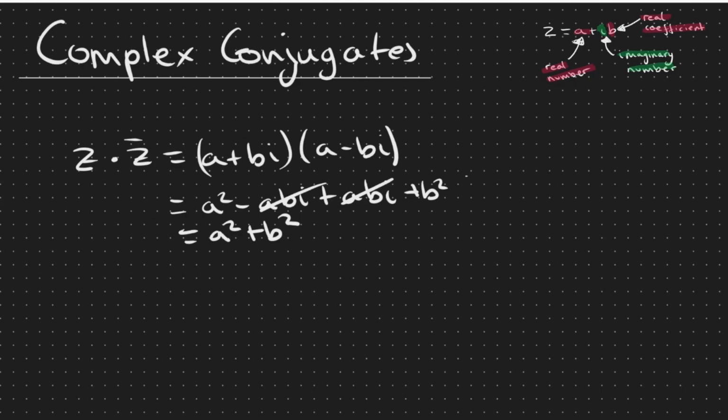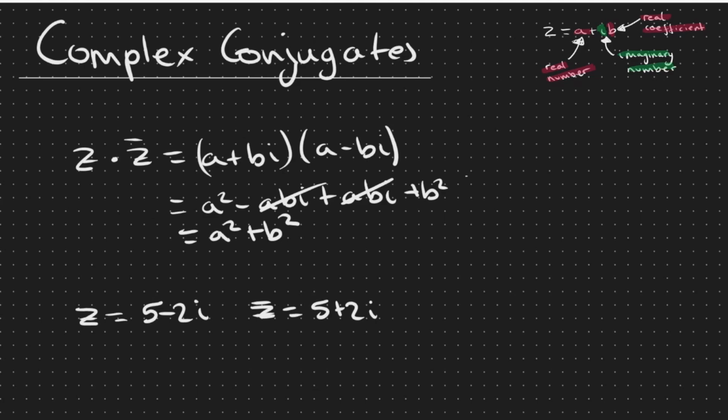For example, take z is equal to 5 minus 2i. Its conjugate is equal to 5 plus 2i. If you were to multiply them, please try it, and I'm going to work them out right now.